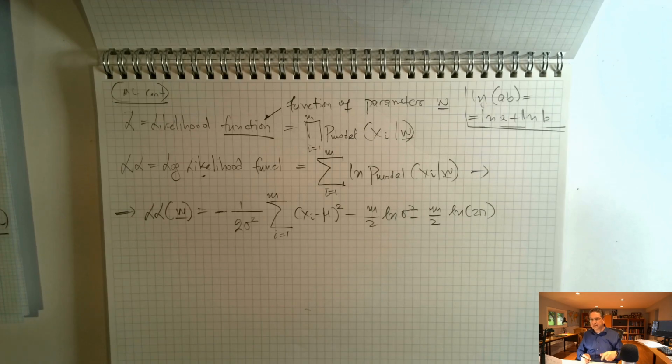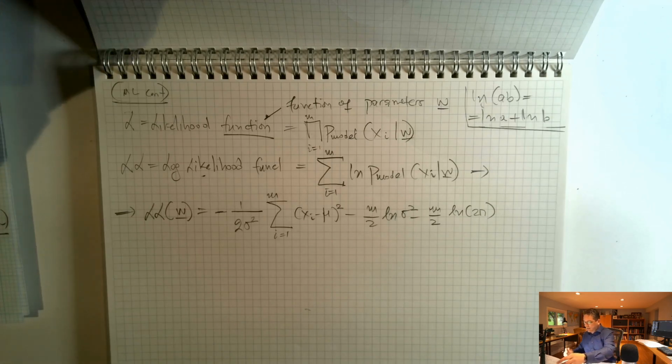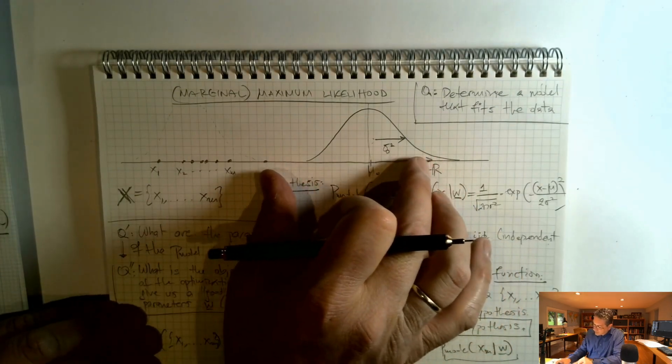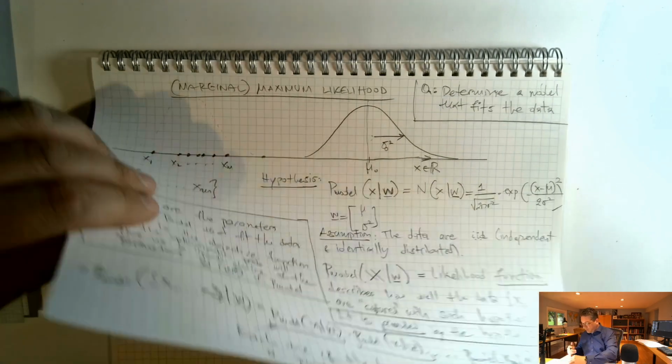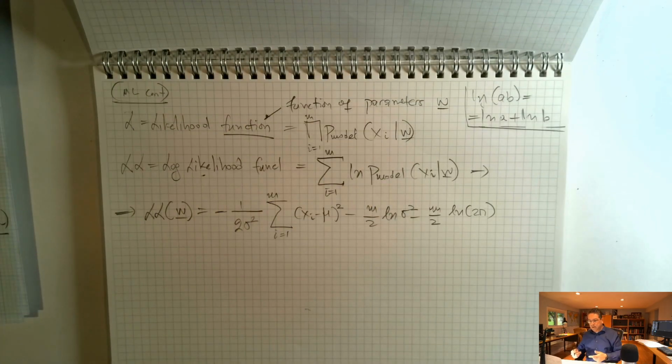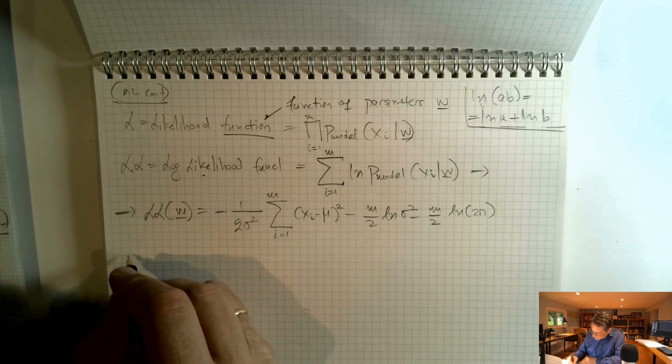So instead of maximizing this log likelihood, which is going to result in parameters which are close in this area, we are going to be minimizing its negative. It's exactly equivalent. So let me write this down.